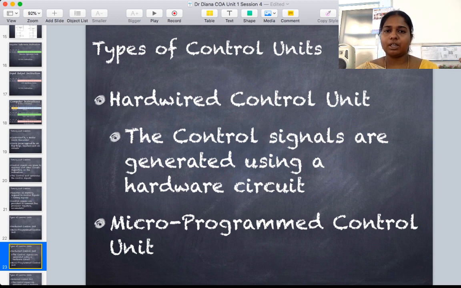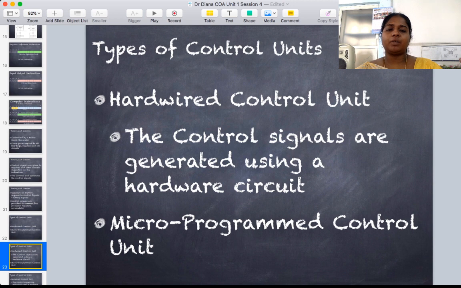So the instruction register, which receives the instruction to be executed, is connected to a separate hardware, and that hardware decodes the instruction register and generates the control signals. It sends them to all the other parts of the computer through the common bus, along with the other timing signals. That is called the hardwired control unit.